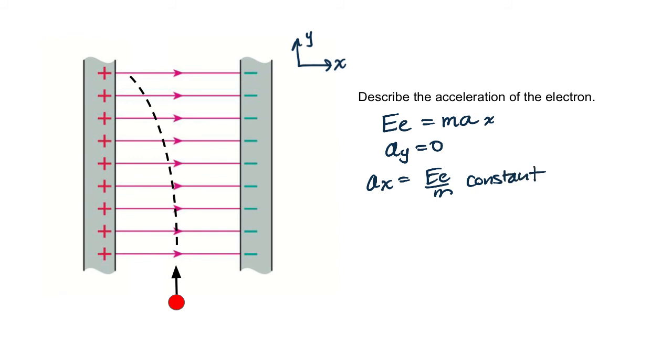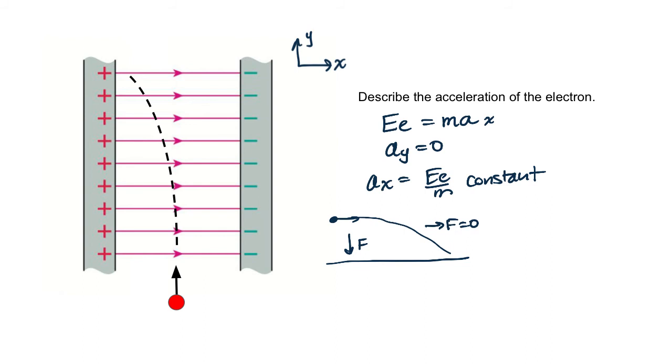Where else have we seen something that has no acceleration in one direction and acceleration in the other direction? And the answer is when something moves in a gravitational field. If I shoot a particle out in gravity and I allow it to fall, remember I have a constant force of gravity acting down, and then I have F equals 0 in that direction.